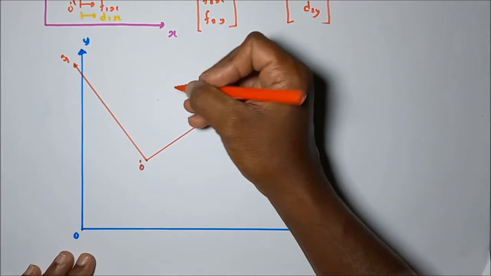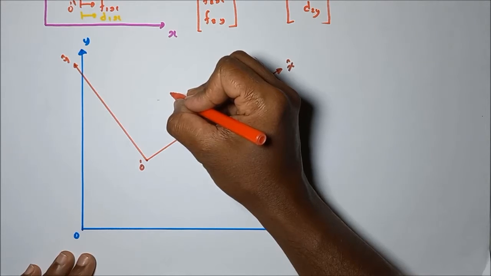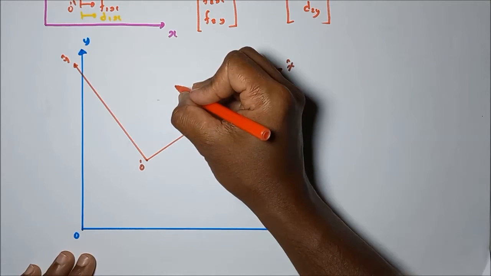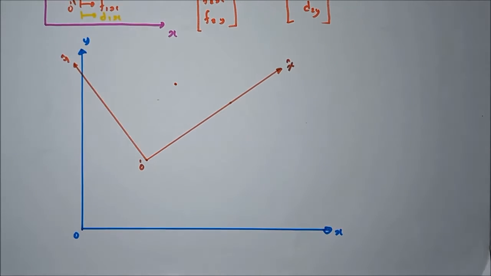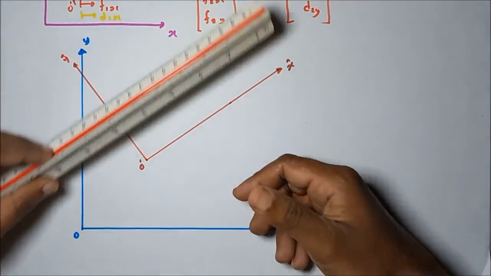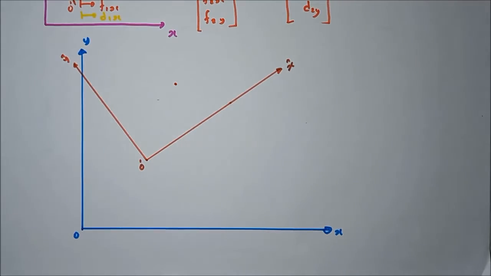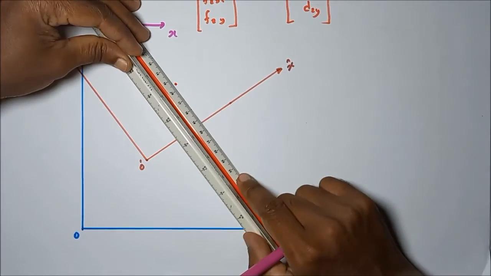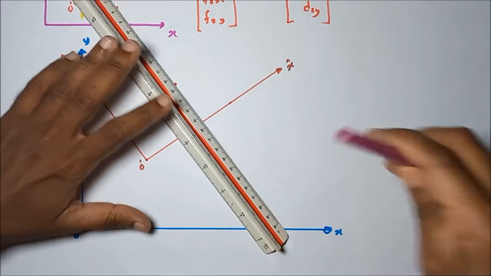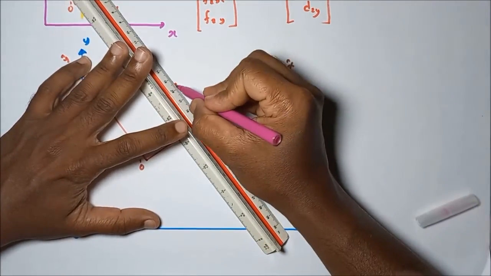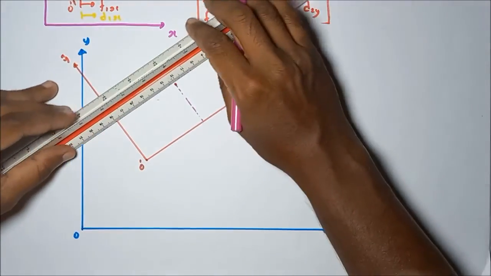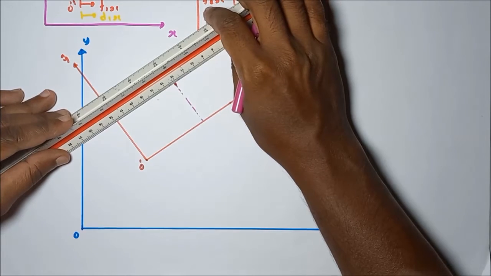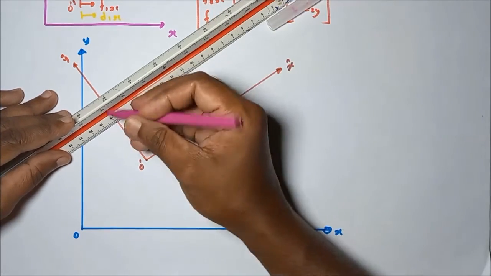It may displace to this kind of position. Then according to the local coordinate system, we can mark the displacement. So what is this displacement according to the local coordinate system?